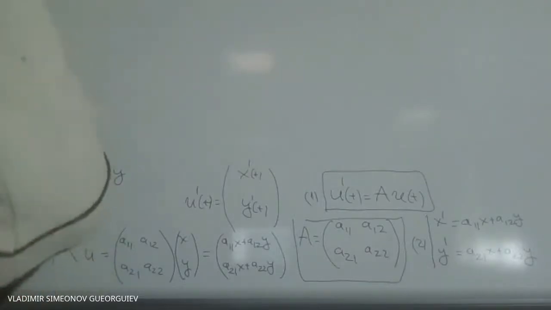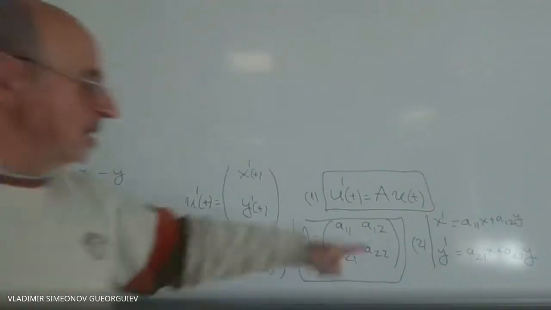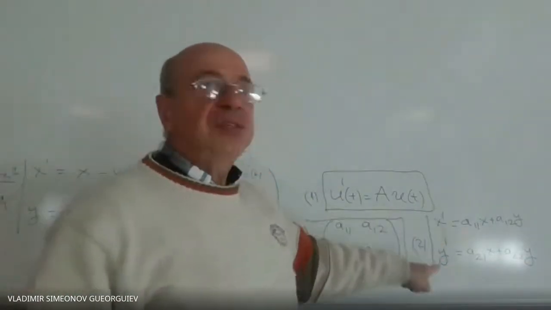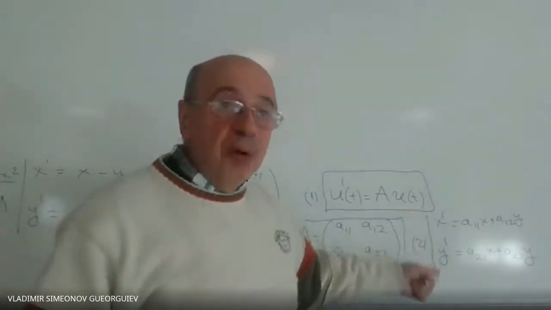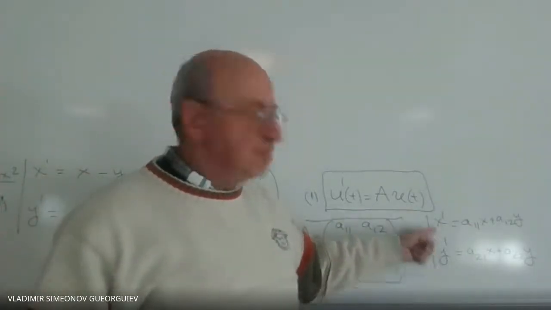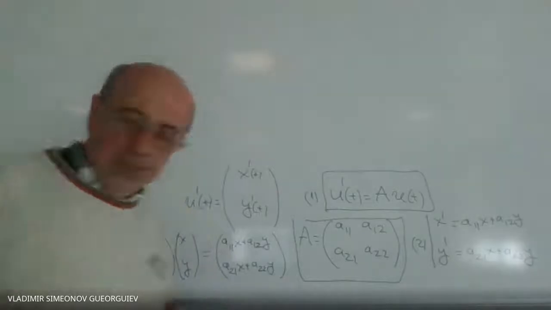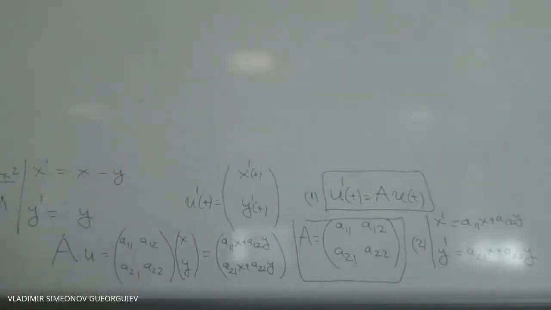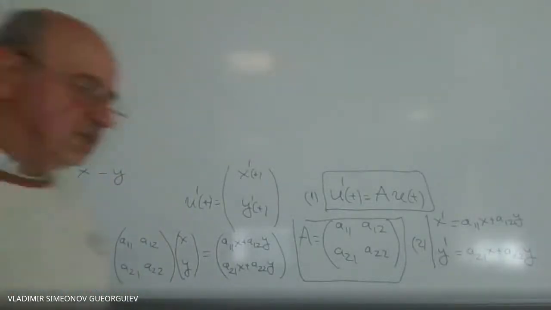So we have vector equal vector, and what we have written here are the components of our vectors. This is written by components in this way. Okay, now we start.